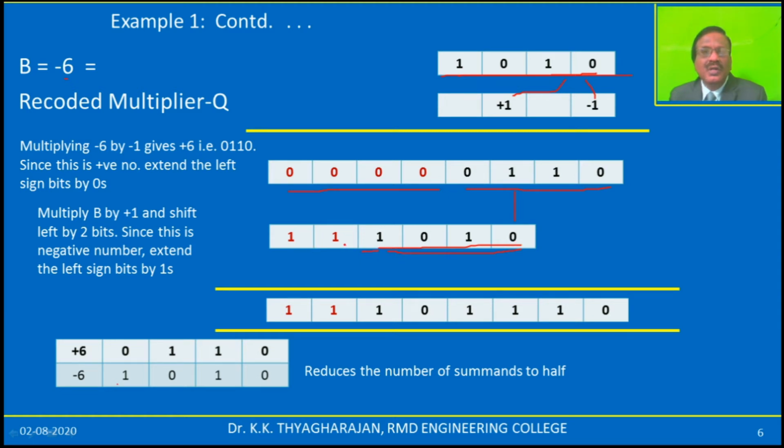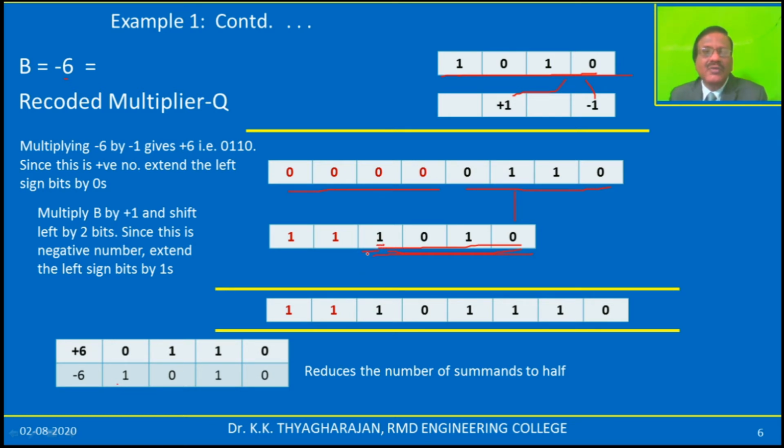So you can extend the sign of this number. Since plus 1 into minus 6 is minus 6, it is a negative number. So the MSB will have 1 here.